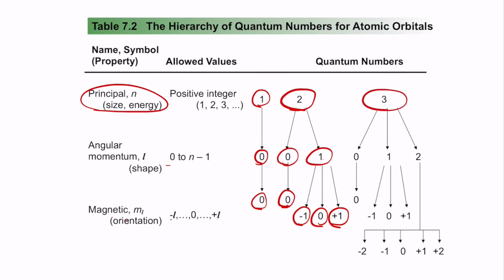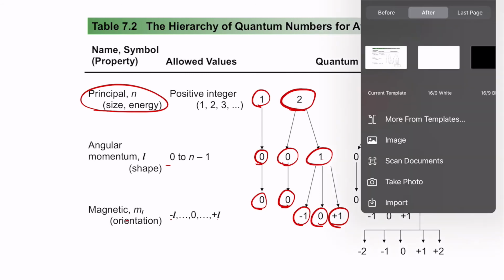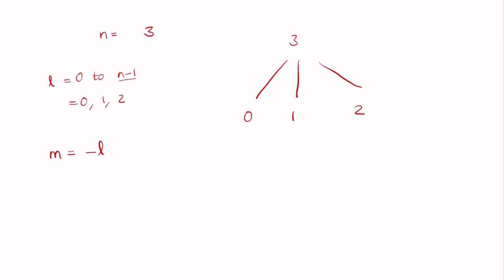In the same way, let me write it down in a separate part. Let's say n equal to 3, then L becomes 0 to n minus 1, so it can have 0, 1, 2. So n minus 1 is 2, so it can be 3 different values. So from 3, we get 3 different angular momentum quantum numbers, 0, 1 and 2. And the m value stays from negative L to L. So for 0, negative 0 to 0 is 0.